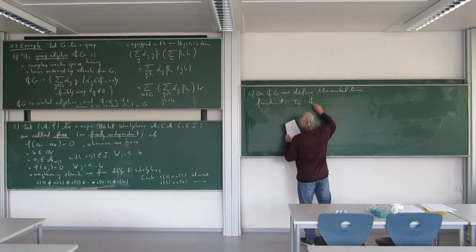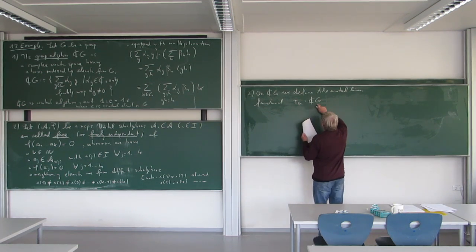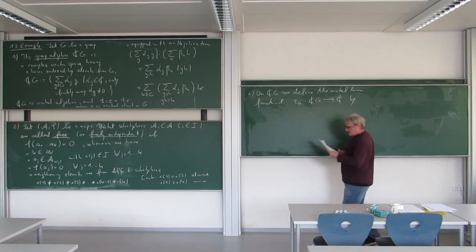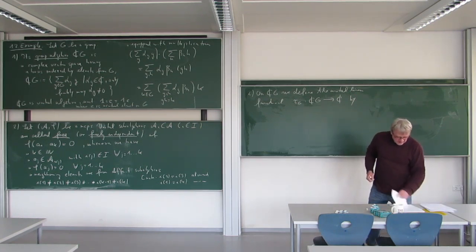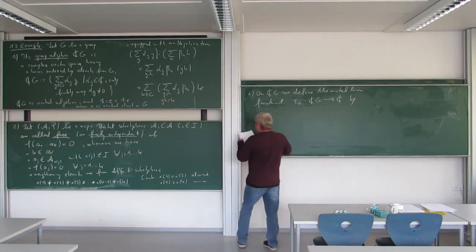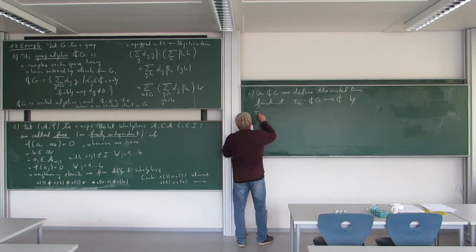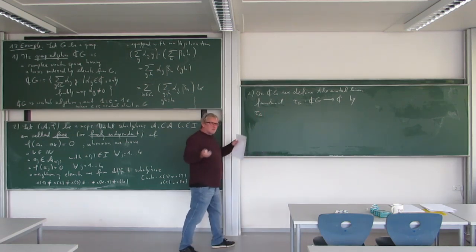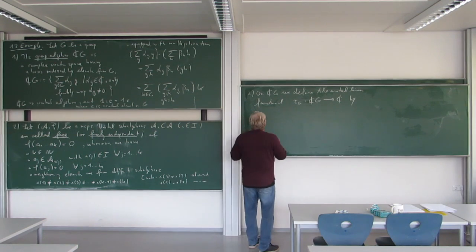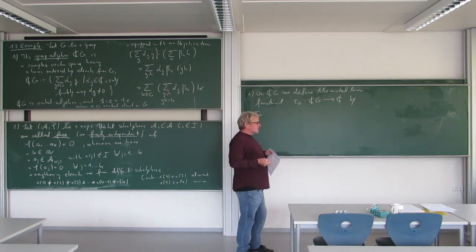So this will be a linear mapping, a linear functional from the group algebra to complex numbers, and I define it by saying what it does on the group elements, and then by linearity it is determined, and on the group elements it should just be a delta function on the neutral element.